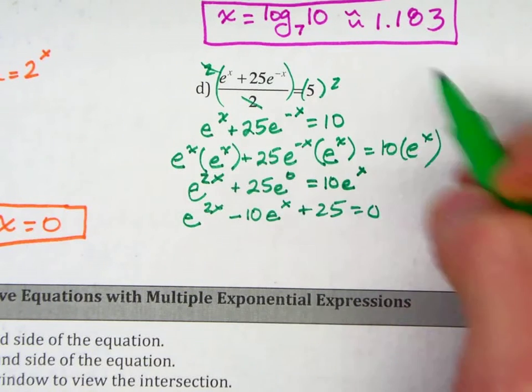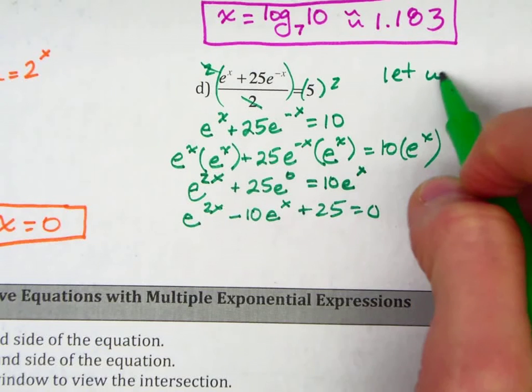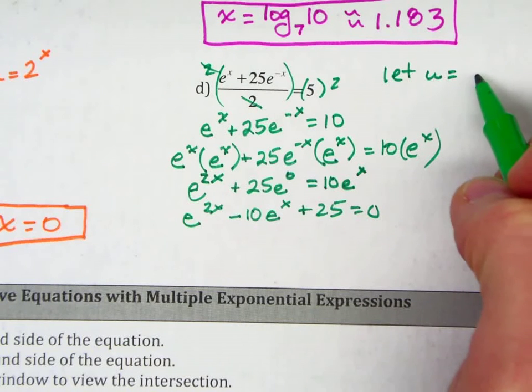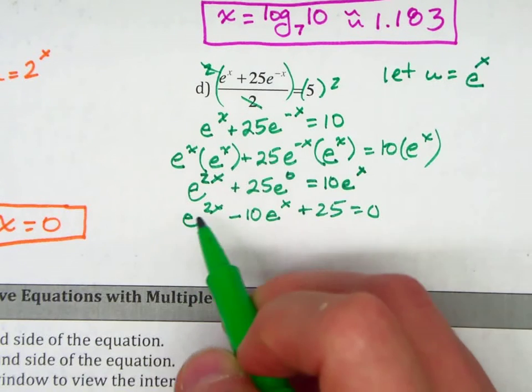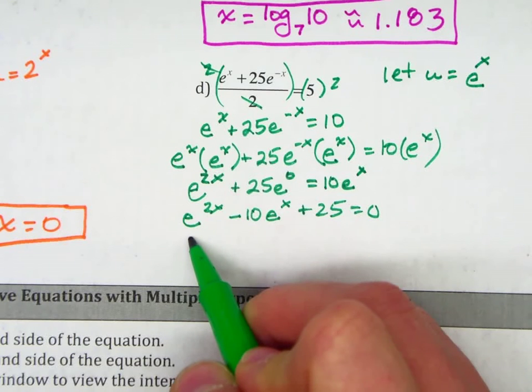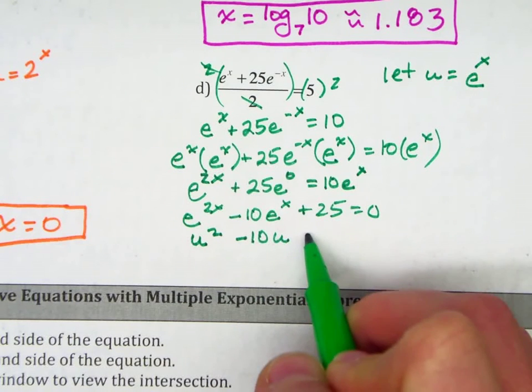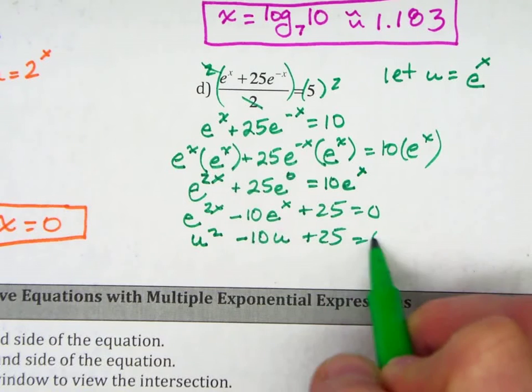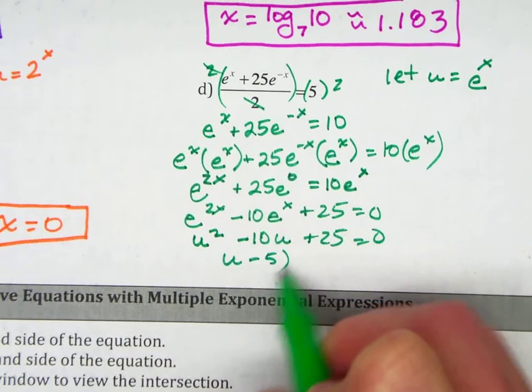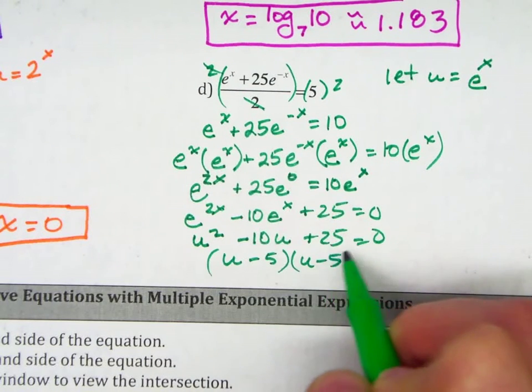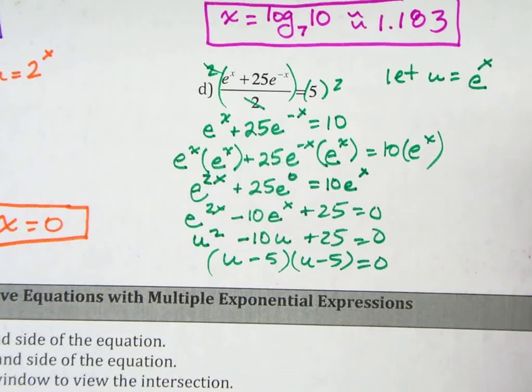25. What are we going to let u equal? e to the x. So what does this become? u squared minus 10u plus 25. So we get u minus 5, u minus 5 equals 0.